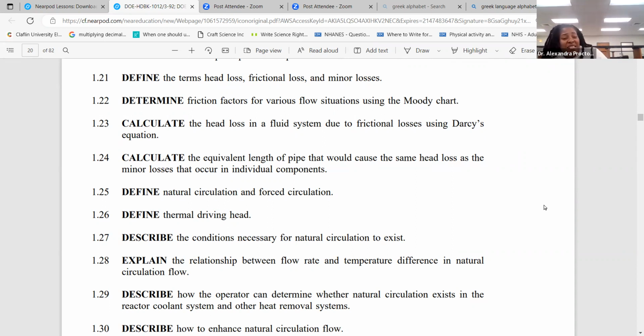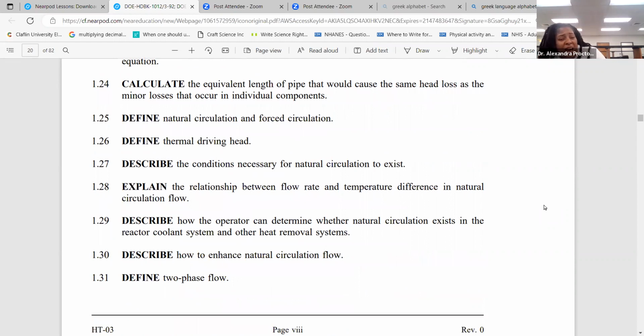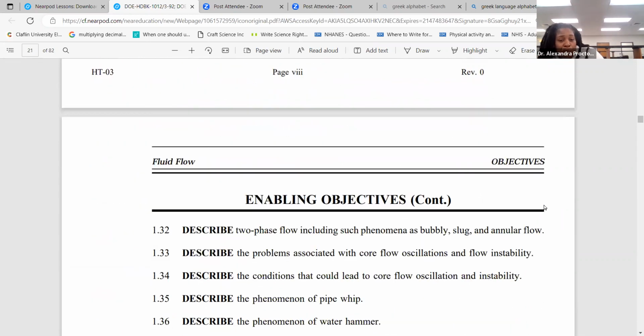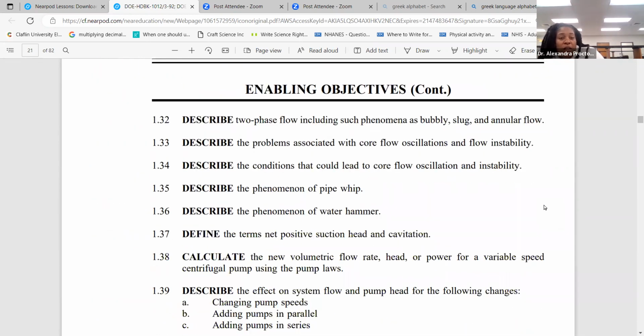Describe conditions necessary for natural circulation to exist, explain the relationship between flow rate and temperature difference in a natural circulation flow, describe how the operator can determine whether natural circulation exists in the reactor coolant system and other heat removal systems, and describe how to enhance natural circulation flow.